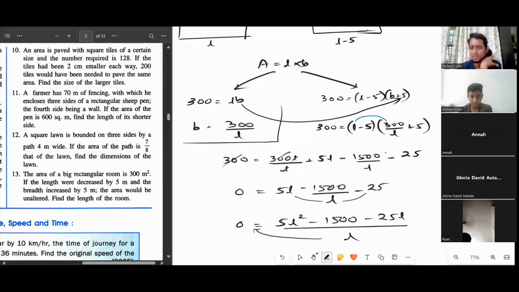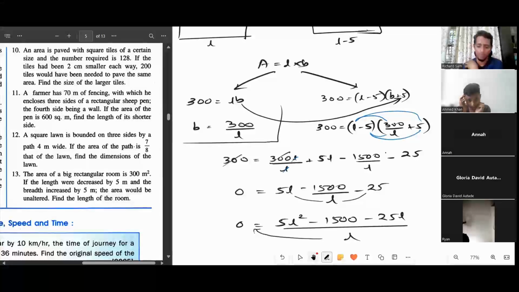L into 300 upon L, that's 300L upon L. L into 5 plus 5L. And minus 5 into 300 upon L, that's minus 1500 upon L. And minus 5 into plus 5, that's minus 25. Here the L and L will get cut. And then you have 300 is equal to 300, which will also get cut. And then you're left with this. Simplify that to get your quadratic equation.